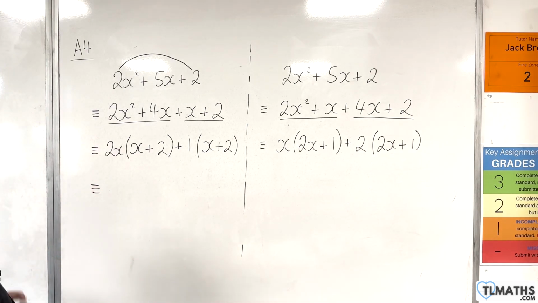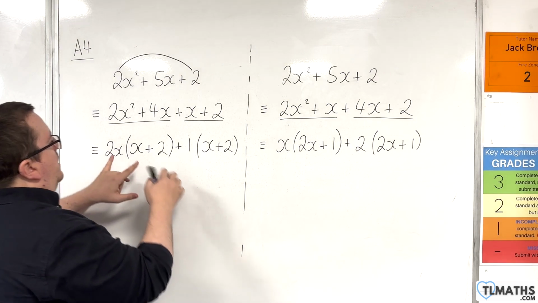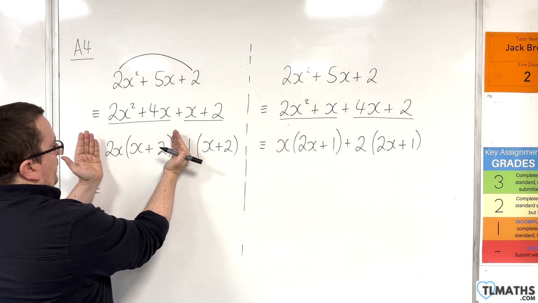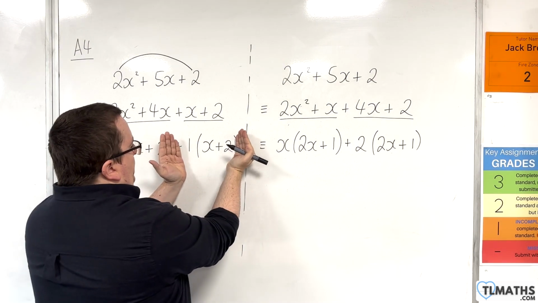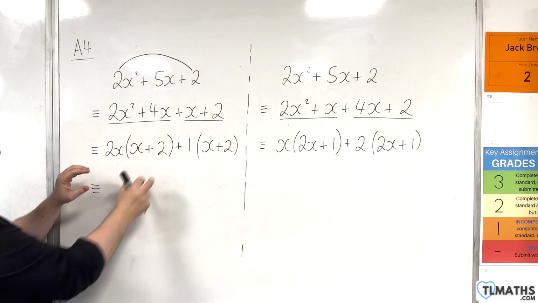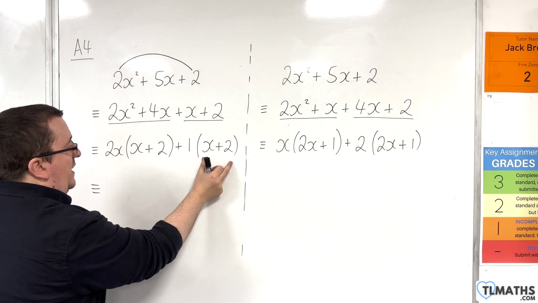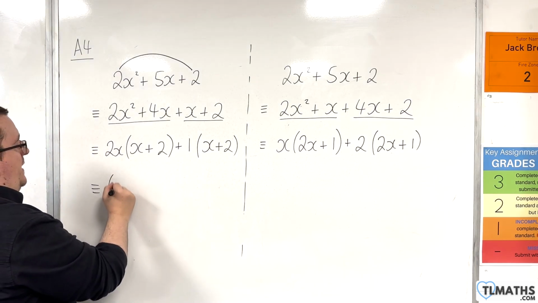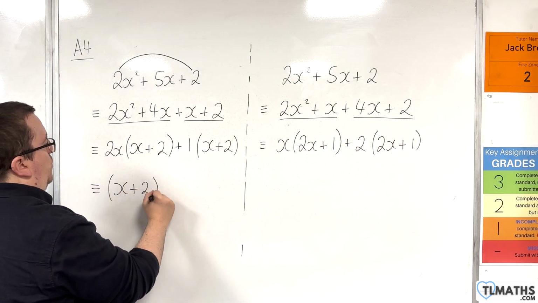Okay, so the idea here is then that you've got two terms. You've got this term and this term. They both have a common factor of the x plus 2, because they both have that same bracket. So we can factor the x plus 2 out.